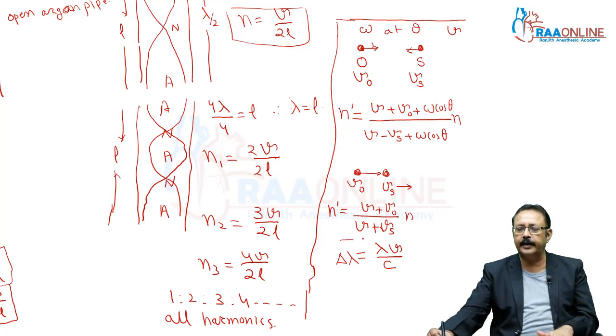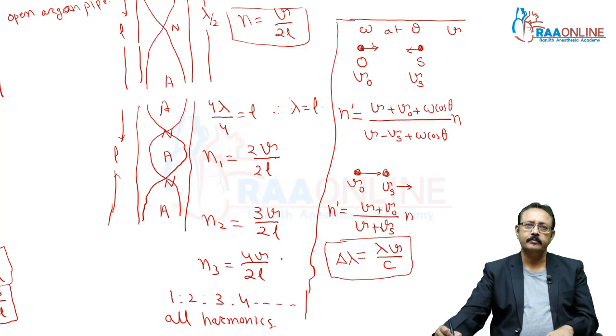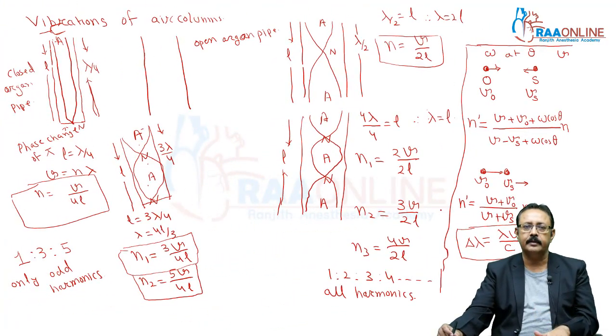What change you will get? You will get by this formula only. So it was the complete theory which you should know before attempting the problems of crash course. Now we will discuss those problems.